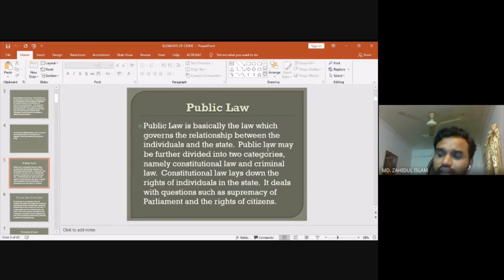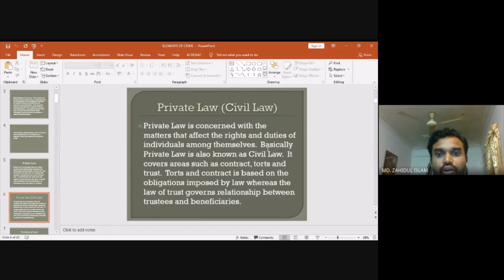So when we commit any crime under the criminal law, we have to deal with the state, because public law is the relationship between the individual and the state. But private law is concerned with matters that affect the rights and duties of individuals among themselves. Basically, private law is known as civil law, for example contract law, trust and tort.